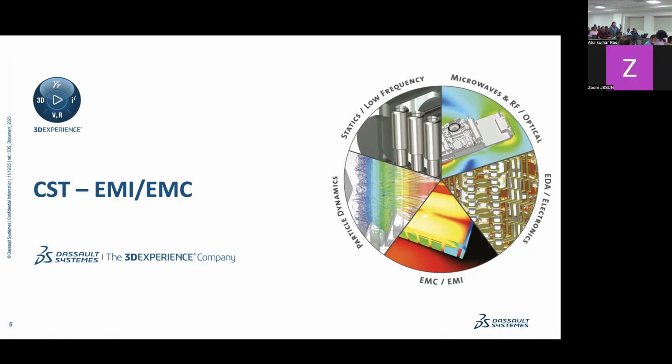So for every domain there is a solver, correct. And you have different solvers, like the integral solver and ray optics, which we are also using there. So which solver will be best to take? Yeah, we can have that discussion maybe after. But in general, which solver to use depends on the electrical wavelength. It's not the actual length of the structure, but the length in terms of lambda, the L by lambda ratio.